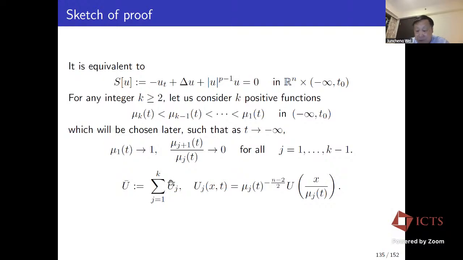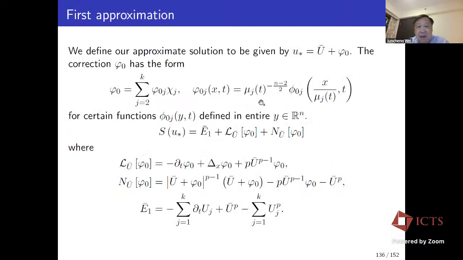Okay, we put first ansatz plus phi 0, and so now because of the bubble tower, the interaction between one bubble to the next bubble is in some intermediate region.